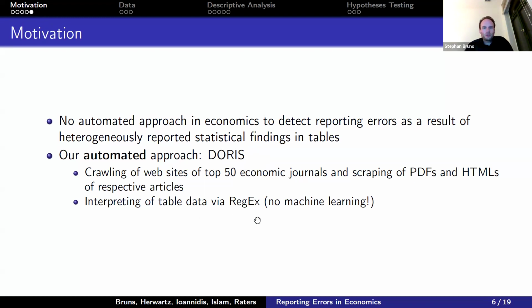The idea here was to use regular expressions rather than machine learning, because when we diagnose a paper to have a reporting error, we want to have a very low error margin. So this is why we ruled out machine learning in the beginning. I'm not sure whether I would do it again, but for this project, we did it completely with regular expressions.